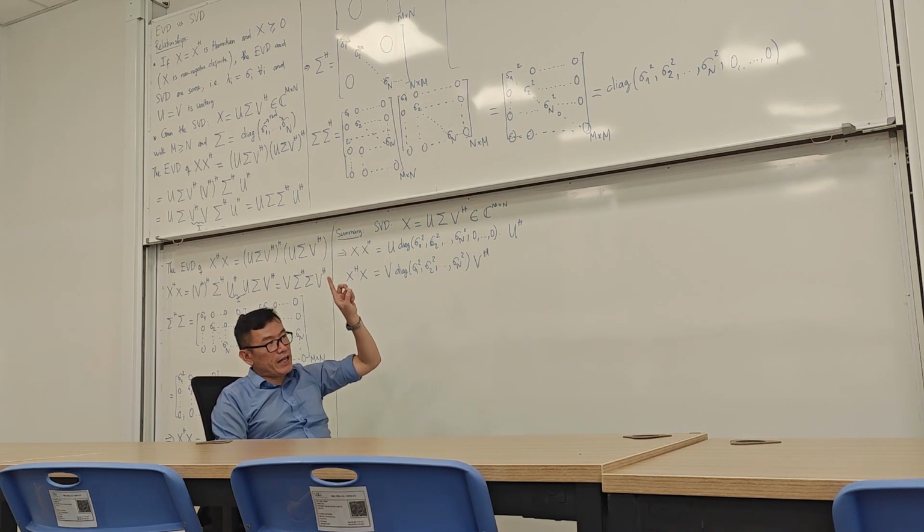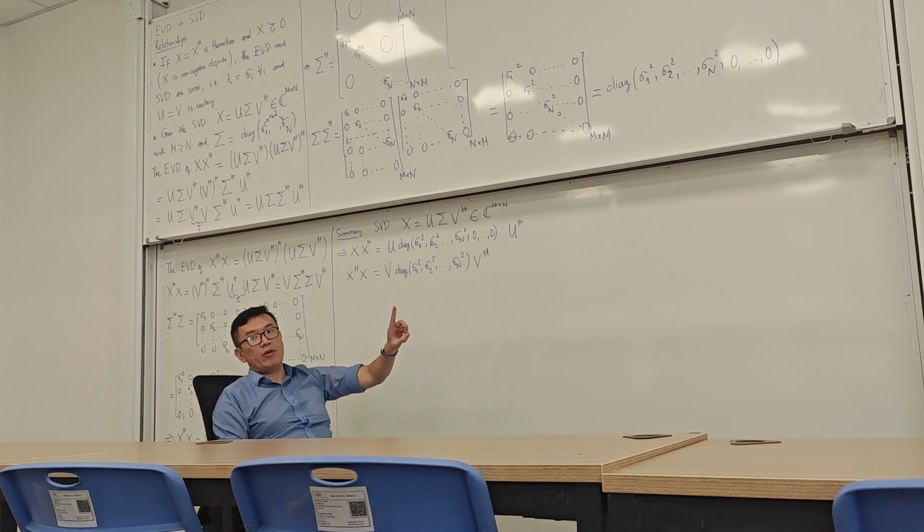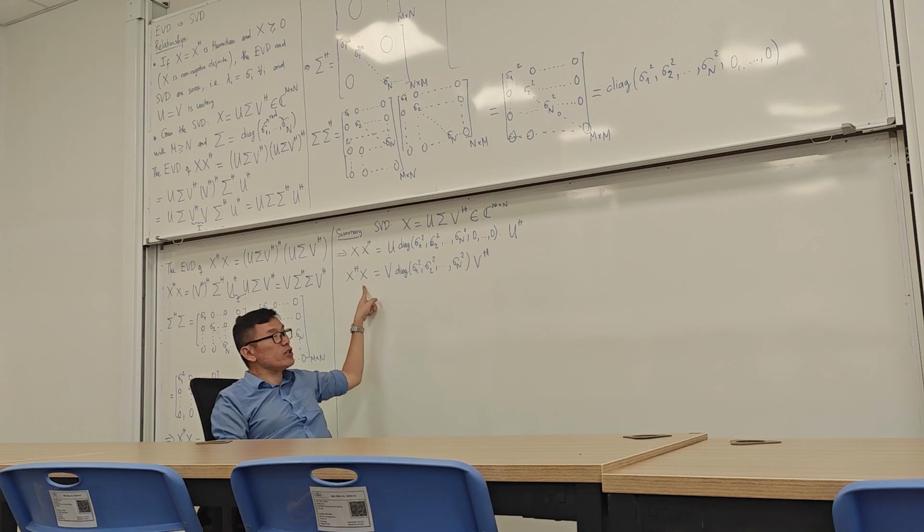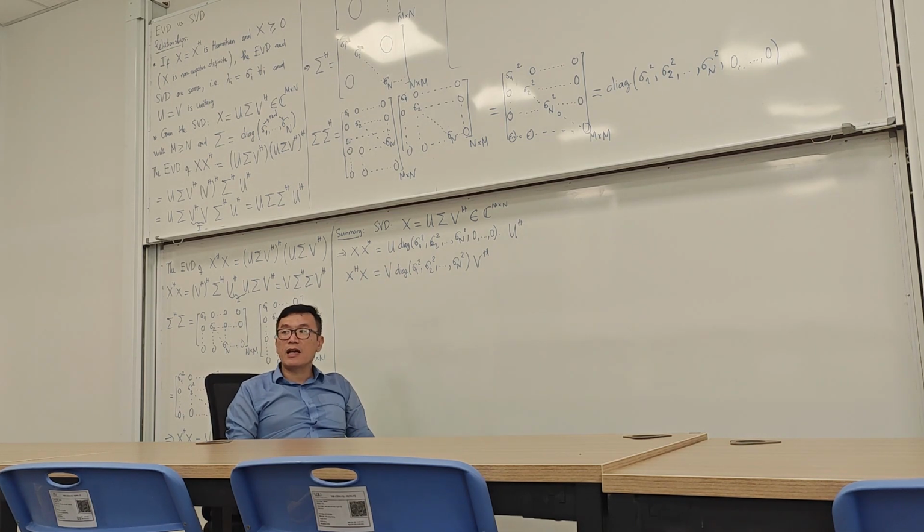So in order to find the singular values of X, you first find X multiplied with X Hermitian transpose, and then you find all eigenvalues of it. Or this one also, they are the same. You can go with either one. Once you have the eigenvalues of this matrix, you just need to take the square root, and you have the singular values of the matrix X. That's the idea.